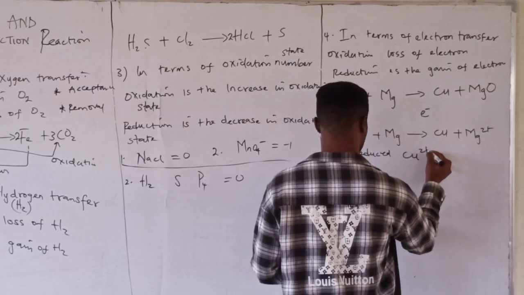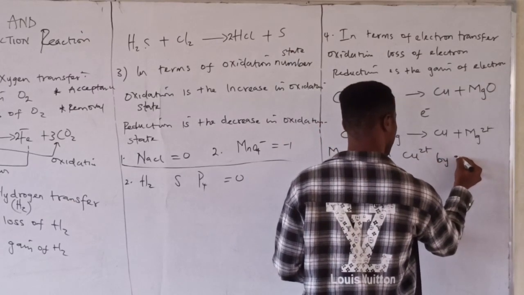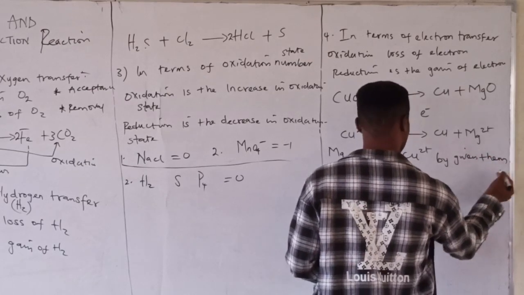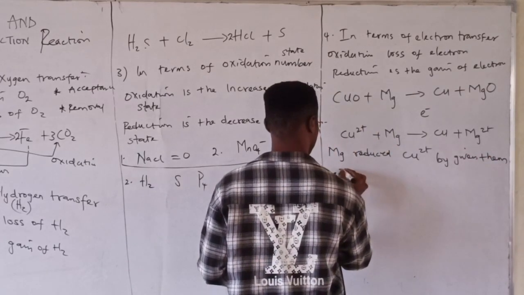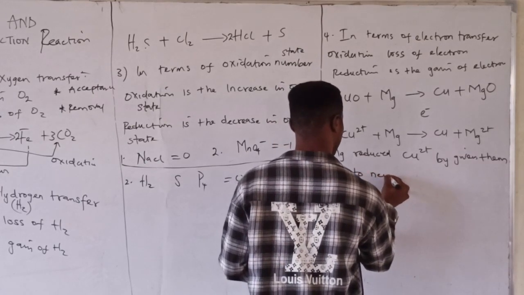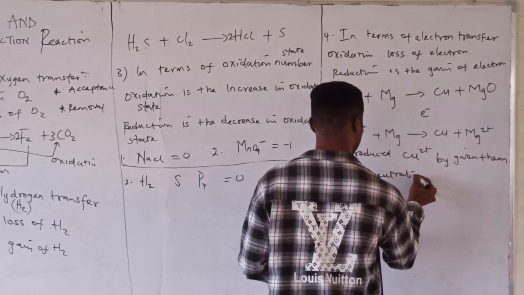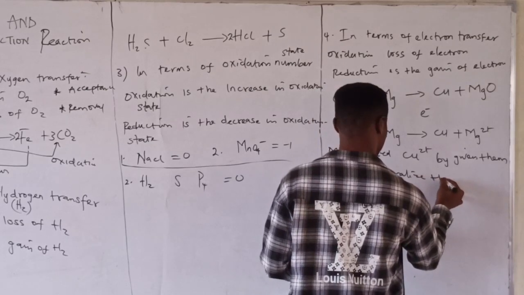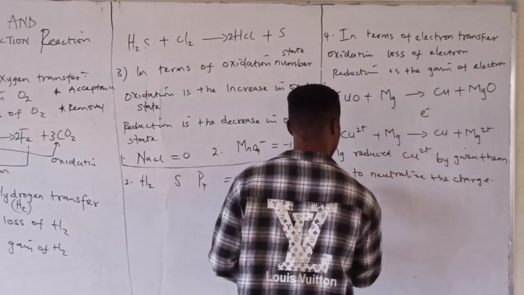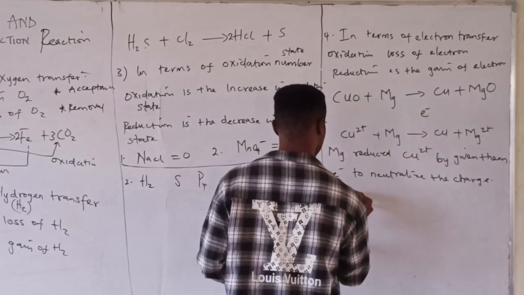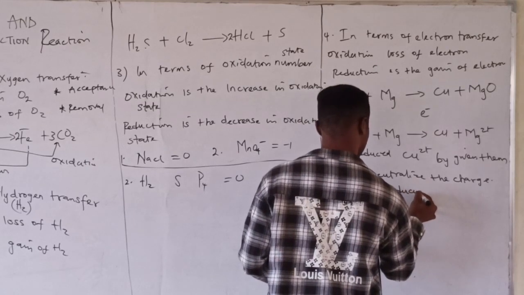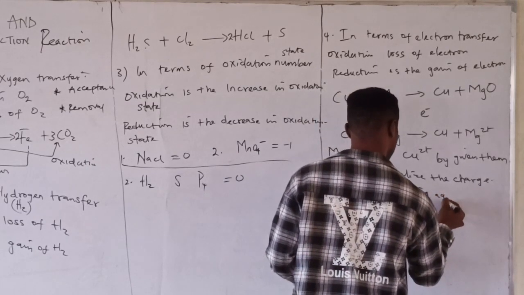reduced copper 2 ion by giving them electrons to neutralize the charge. Hence, magnesium is a reducing agent.